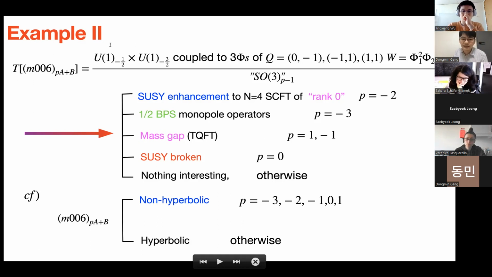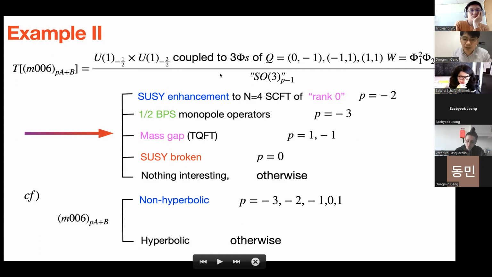So in a sense, this theory does not have any weakly coupled Lagrangian description, but it has a definition. This theory has a symmetry enhancement in the IR, with SO(3) symmetry enhancement, and then we are gauging this enhanced symmetry with the Chern-Simons level. So this theory is constructed in this way.